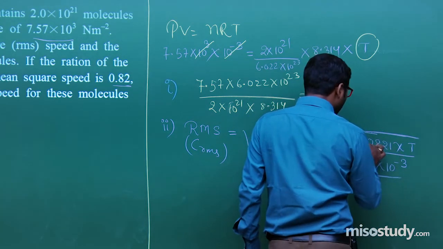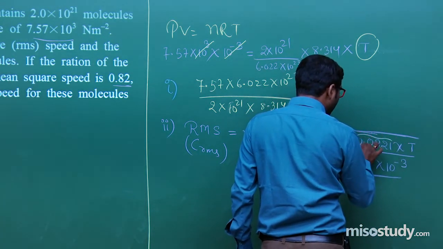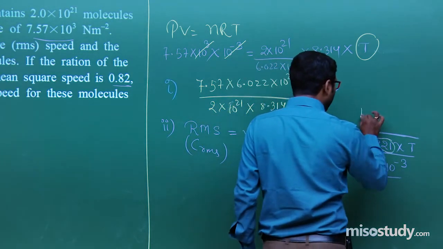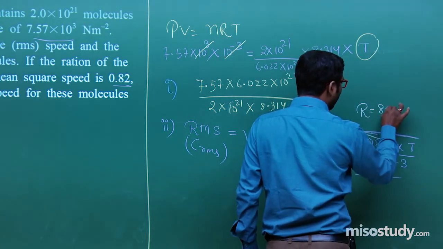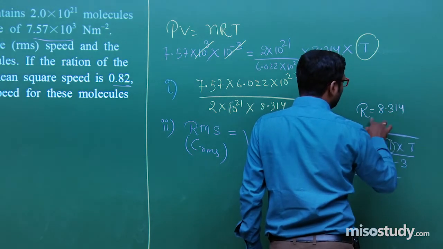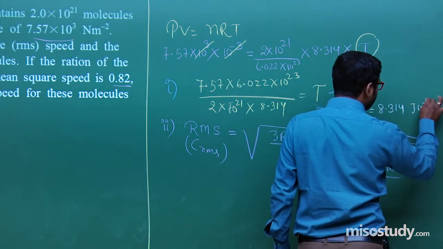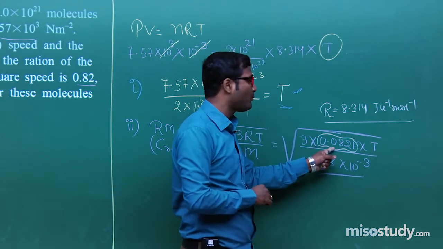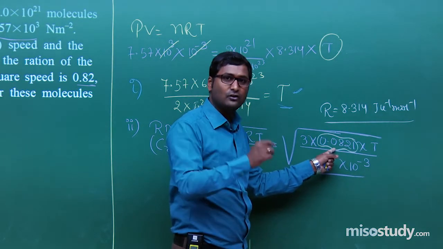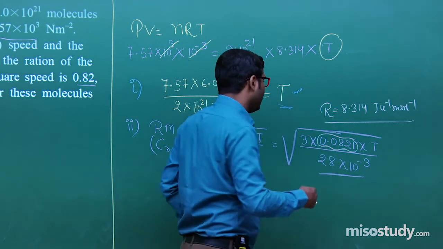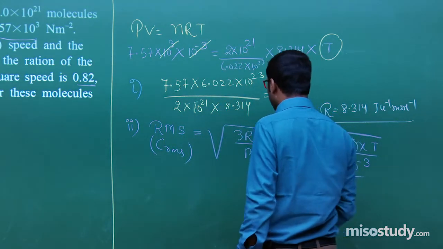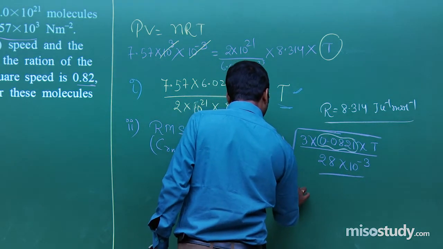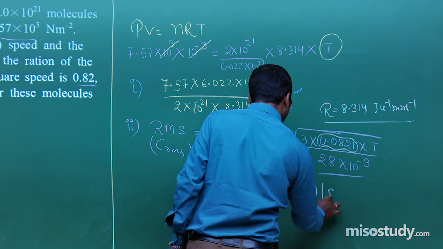Now here, if you want the value in SI form, then put R equal to 8.314 joule per Kelvin per mole. This is the standard value of R. The other value of R is 0.0821. Another value of R is 2 calorie. Put here. Now, if you solve the expression, the value of RMS comes to 496 meter per second.